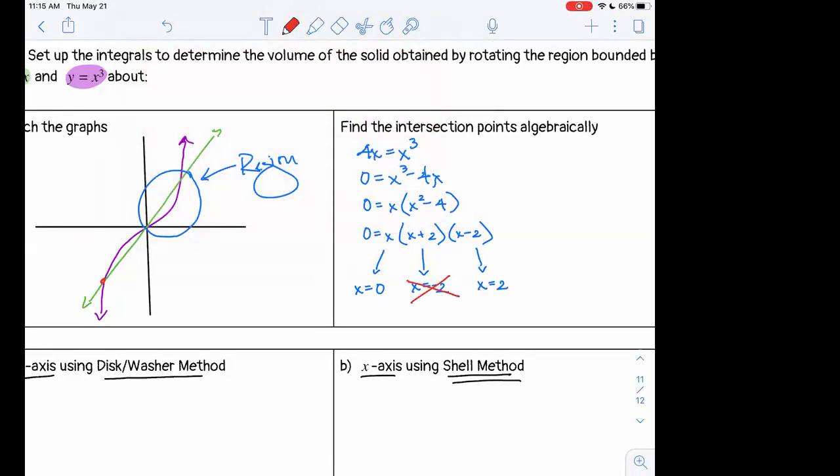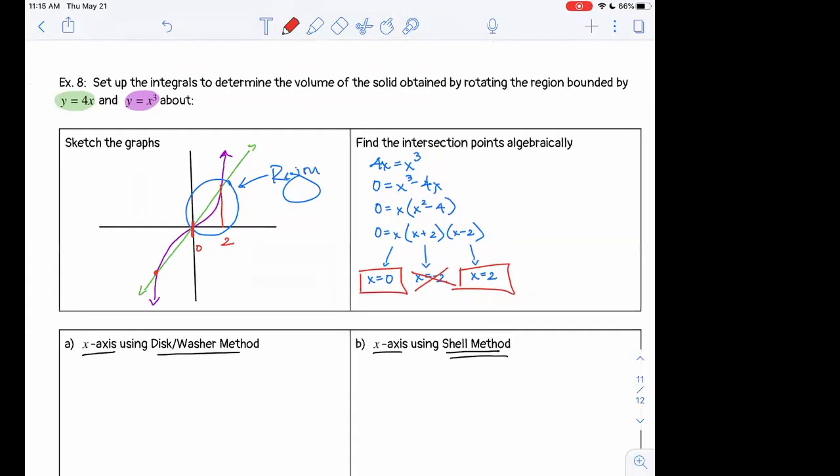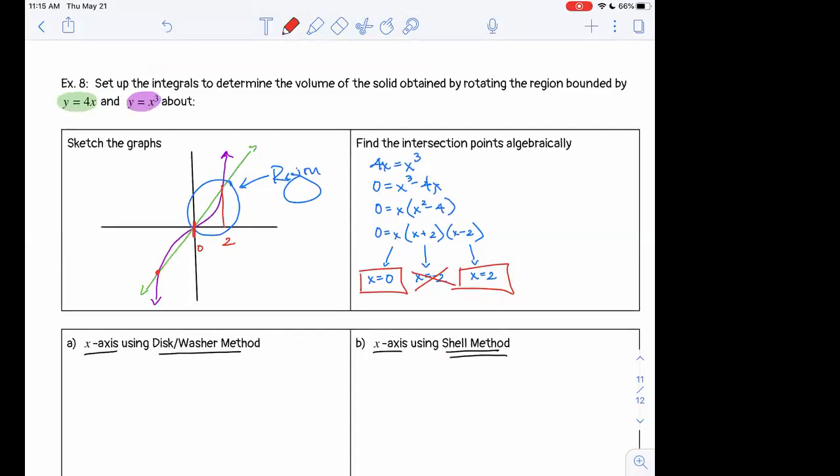Because that's like this point down here, and that's not bounding the region I want. So instead, I'm going to choose x equals 0 and x equals 2 as my bounds, all right? So this right here is 0, and the second place they cross is 2. All right, are there any questions about sketching the graph or finding the intersection points algebraically?